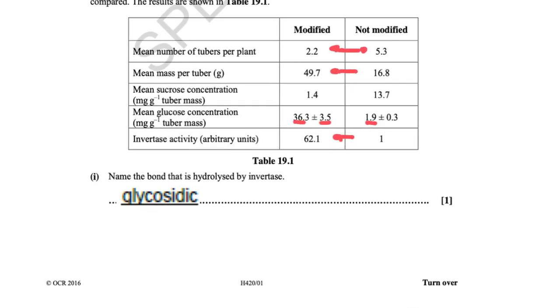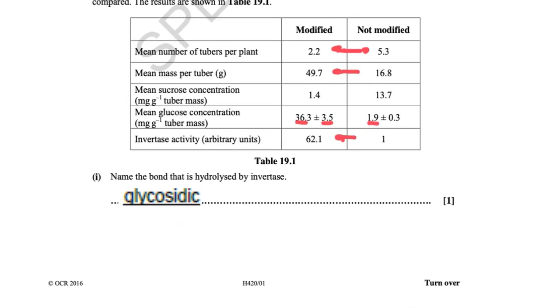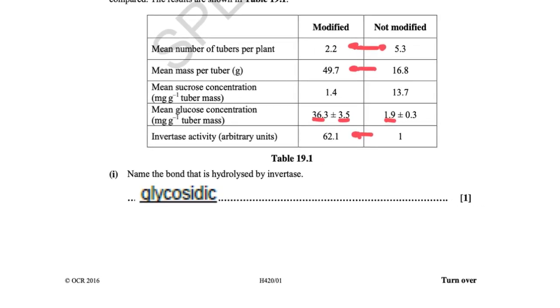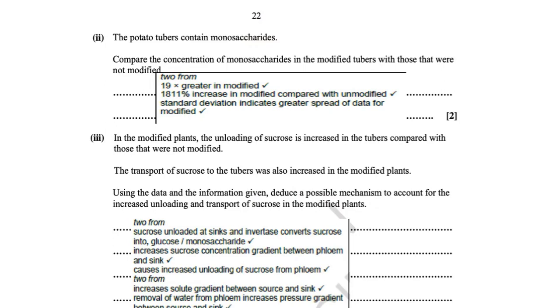Firstly, name the bond that is hydrolyzed. It is a glycosidic bond, which is the bond between the glucose and the fructose. It is important that you name it as glycosidic. This now asks you that the potato tubers contain monosaccharides. Compare the concentration of the monosaccharides, which is the glucose, in the modified tubers with those which were not modified.